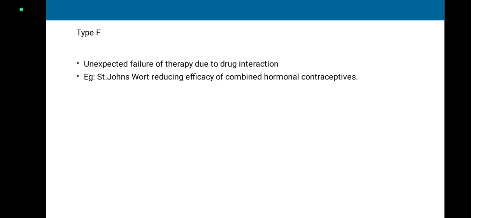When two drugs with antagonizing effects are given together, they can cause type F kind of adverse drug reactions. Example is St. John's wort, an herb, which reduces the efficacy of hormonal contraceptives. Another example is spinach or vitamin K-rich foods, which reduce the efficacy of warfarin.